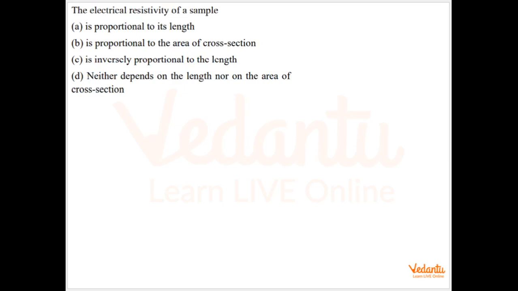In this question, the electrical resistivity of a material is proportional to length, proportional to area of cross section, inversely proportional to length, neither depends on length nor the area of cross section. Now, remember that R is equal to rho L by A. Here, R value depends on both length and area.